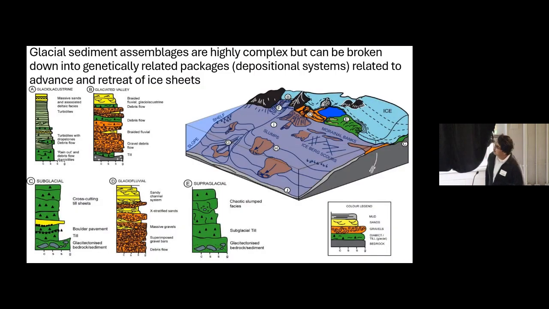So what we propose in this work is something termed a depositional systems approach. A depositional system is classically defined as a three-dimensional package of sediment with varying facies, but that are genetically linked. And they're bound top and bottom by unconformities.